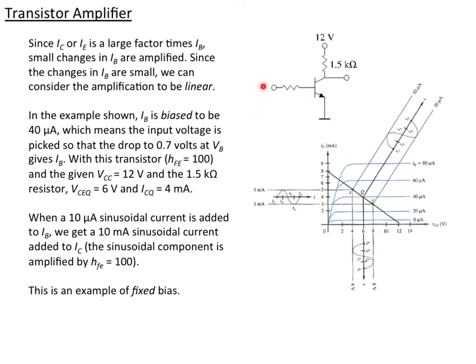So we pick the voltage and the resistor, so that we get just the right current between this voltage and the 0.7 above ground that we'll expect there. That's how we find the base current. And then we multiply by beta, otherwise known as HFE, which in this case we've made to be 100 in this example.